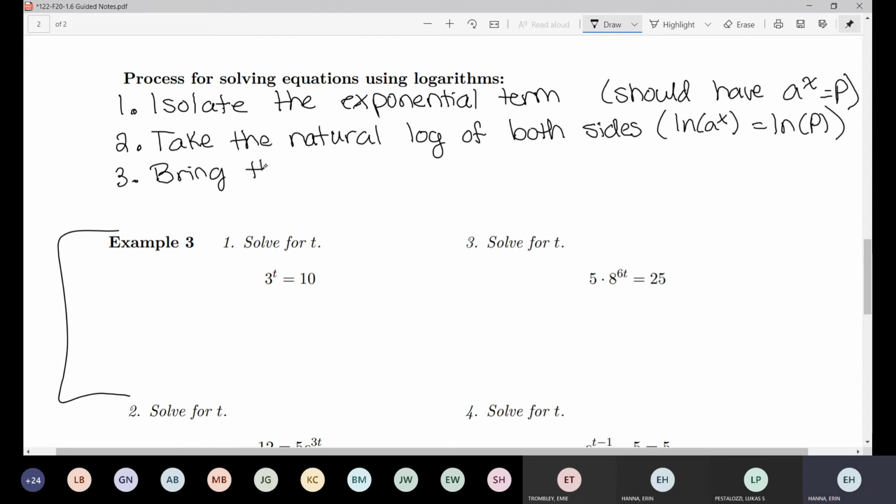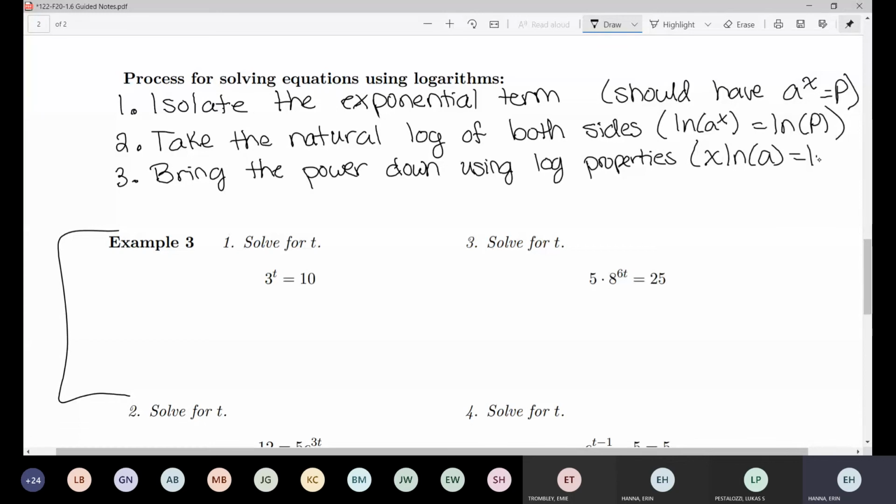Bring the power down, using log properties, and just the one log property of being able to bring that exponent down. So we'd end up with something that looks like this.